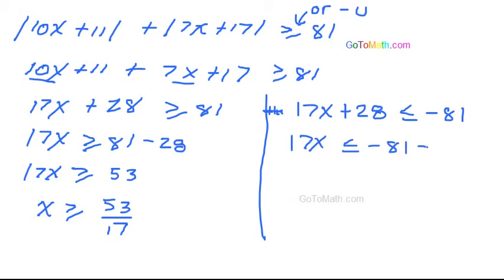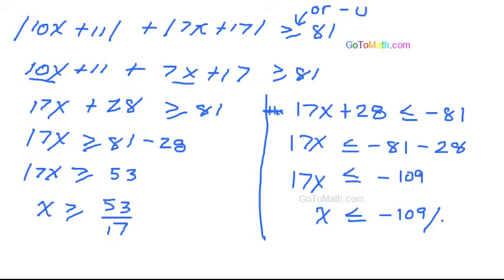Bringing the 28 over to the right, negative 81 minus 28 is negative 109. So x is less than or equal to negative 109 over 17, and that doesn't reduce down any.